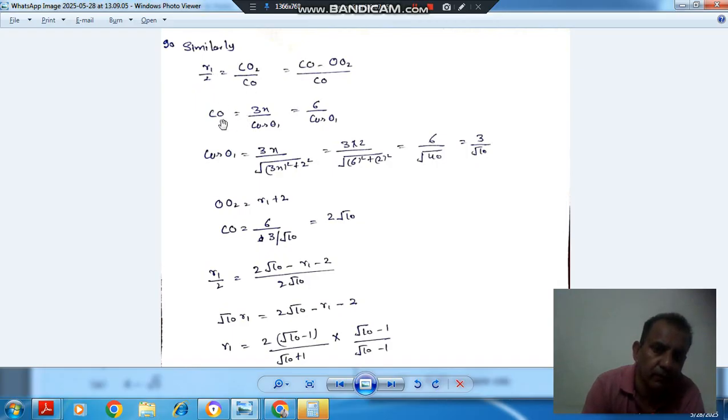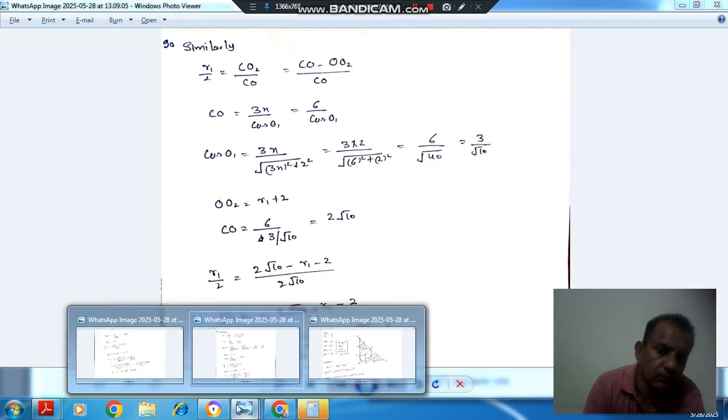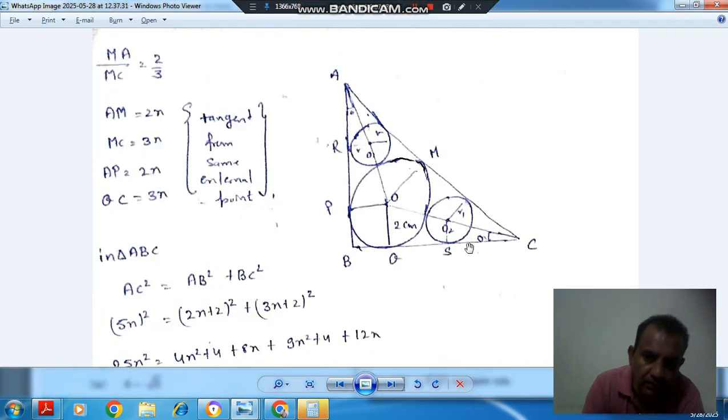So R1 by 2 will be equal to CO minus OO2 divided by CO, and CO is, since this dimension is 3x, 3x by cos theta 1 will be equal to CO.